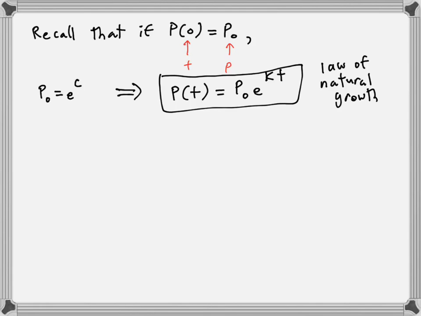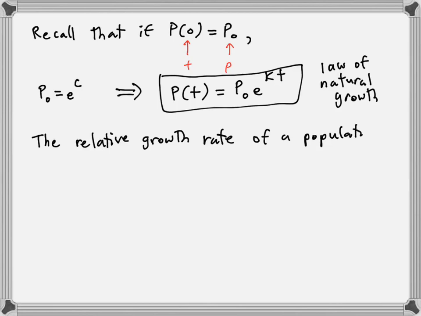So another way that we could actually visualize this is called the relative growth rate. Okay, so what is the relative growth rate? So the relative growth rate of a population is the rate at which it's changing divided by its current population at that time.